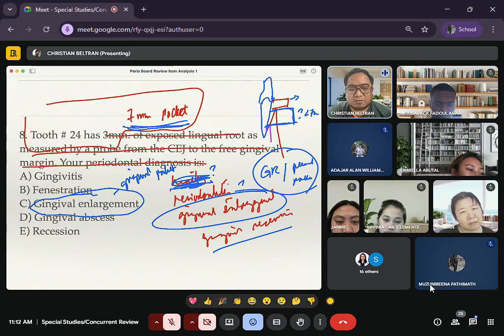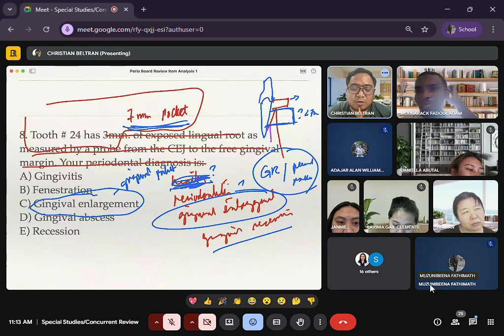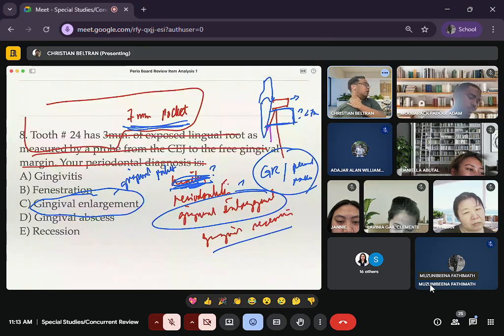You cannot have gingival enlargement at the same time as periodontitis, right? Pseudo pocket measures only up to how many millimeters? A false pocket would only measure around 1 millimeter at most. Pseudo pockets would measure 1 millimeter at most if there is a periodontal pocket.